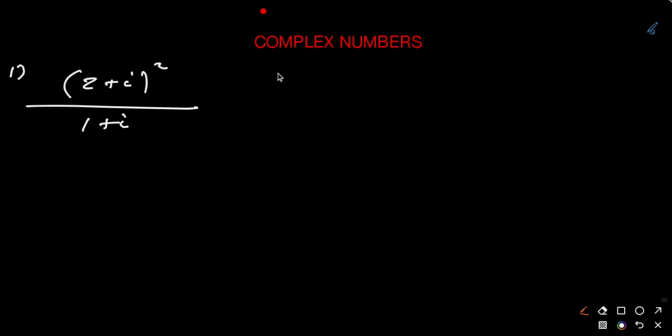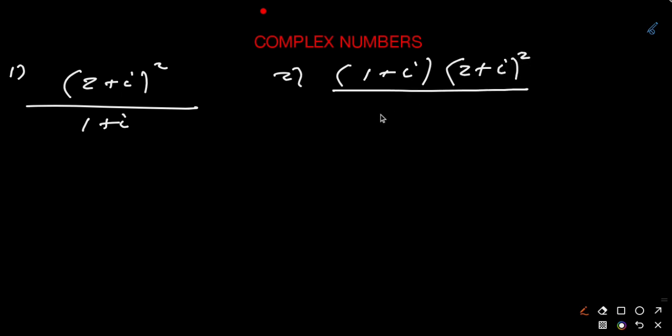Then the second example is going to be open bracket 1 plus i, and then again, let's say we have 2 plus i squared, and then divided by 1 plus 2i squared.